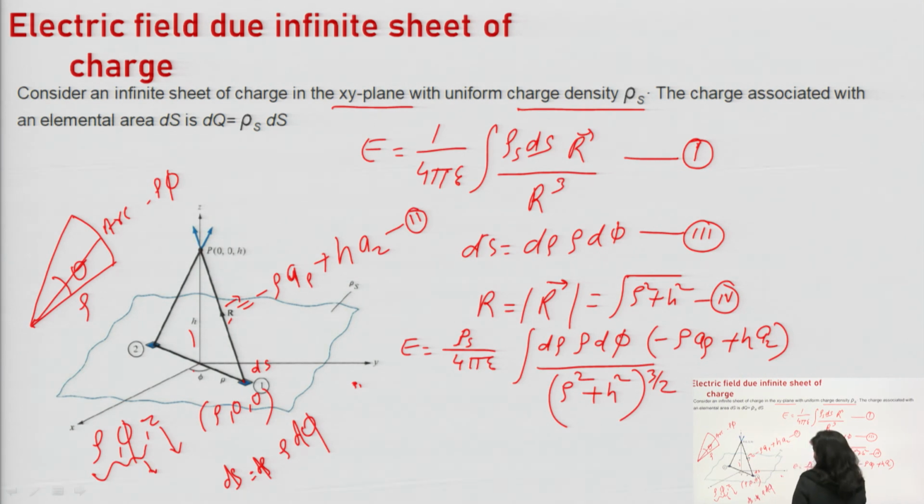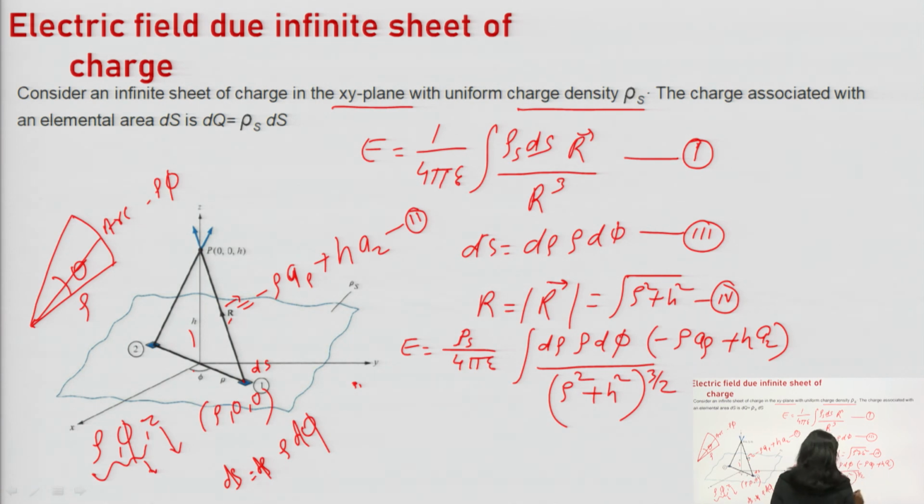Now again, as previously said, for every element there is a similar element on the opposite side also. So due to symmetry, in mathematical and technical terms, the a_rho term will vanish or cancel out.